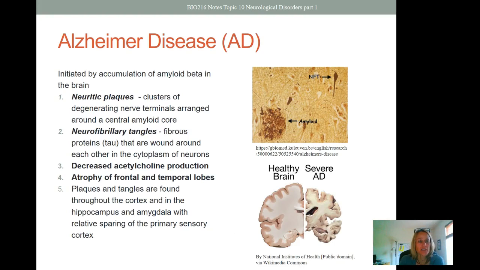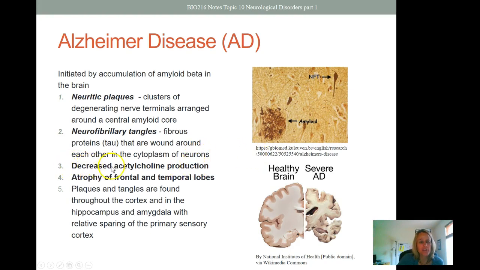Alzheimer's disease is initiated by accumulation of amyloid beta in the brain. We have neuritic plaques, and these are clusters of degenerating nerve terminals that are arranged around a central amyloid core. We also have neurofibrillary tangles, and these are fibrous proteins that are wound around each other in the cytoplasm of the neurons.